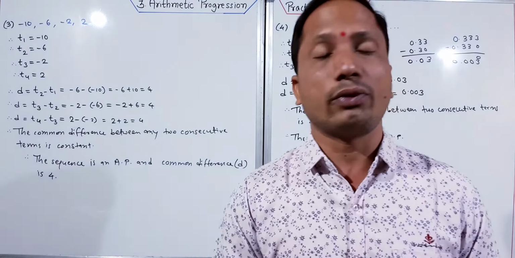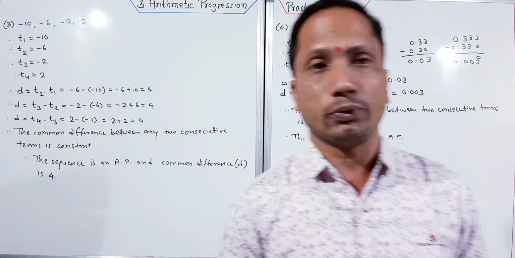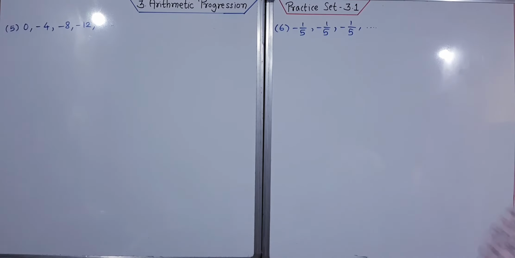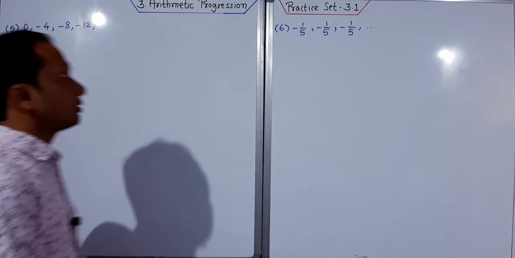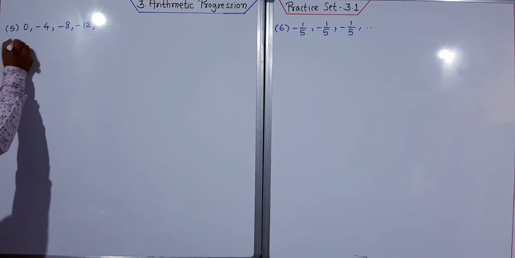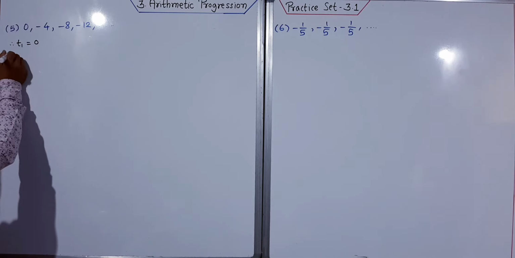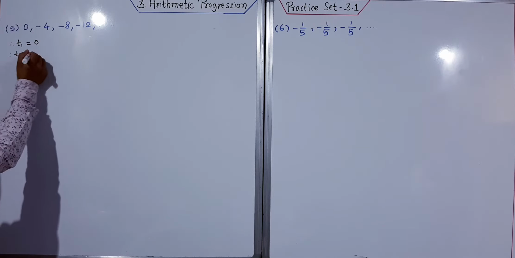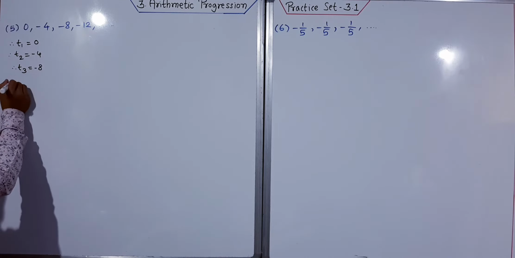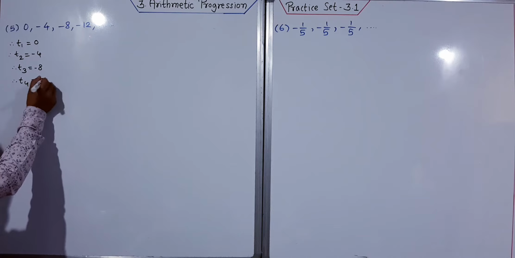Now we are going to solve problem number 5 and 6. Now see, 0, minus 4, minus 8, minus 12. Therefore T1 is equal to 0, T2 is equal to minus 4, T3 is equal to minus 8, and T4 is equal to minus 12.